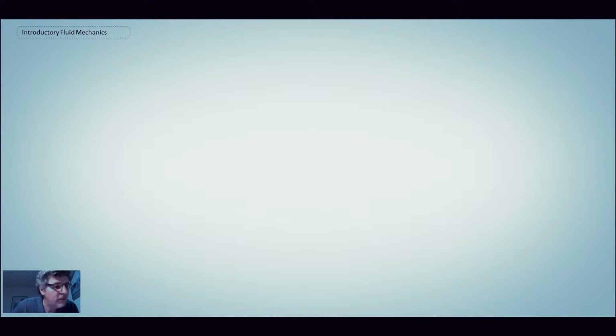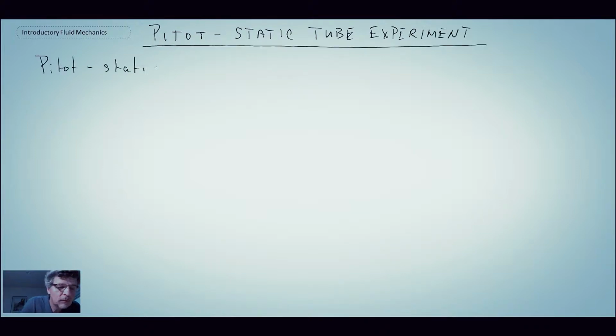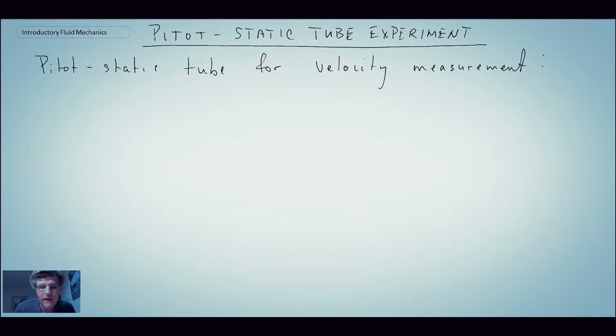We're now going to do a bit of an experiment, and that experiment is going to involve the Pitot static tube. So in the last segment we talked about the Pitot static tube as being a device that you can use to measure velocity in a flow. What the Pitot static tube involves is basically a tube within a tube.